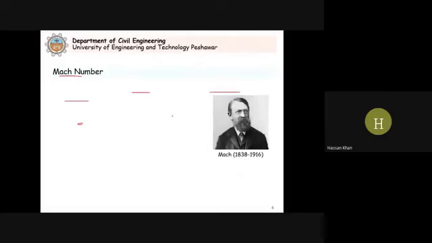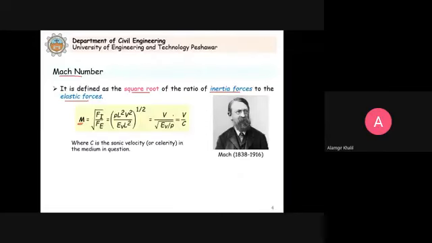Yes, sir. Okay. Now we have this Mach number, which is the ratio of the two forces, inertia force by elastic forces. To take the square root, we get this expression here. So V is the velocity and C is the sonic velocity. Clear? Velocity of the sound in the medium in question.